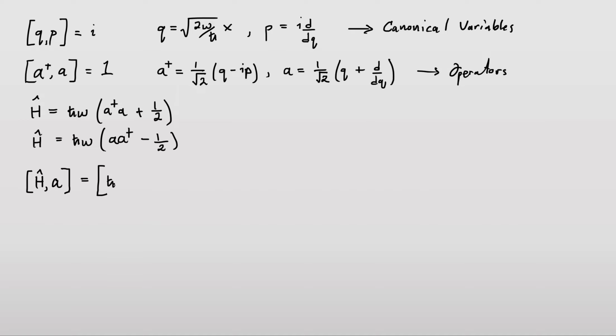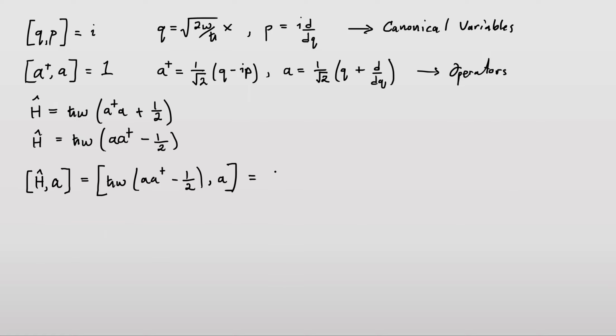So this looks like h bar omega, and I'm just literally plugging everything in here, a dagger minus 1/2, and then commutated with a. Right, so this here is our Hamiltonian, and this is our annihilation operator.